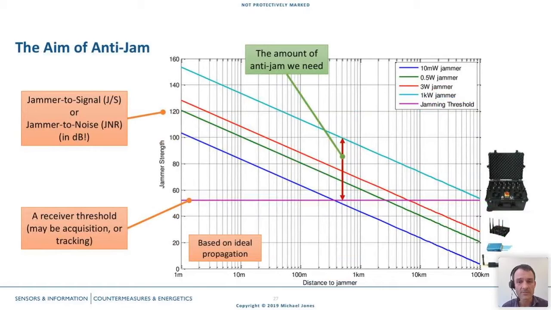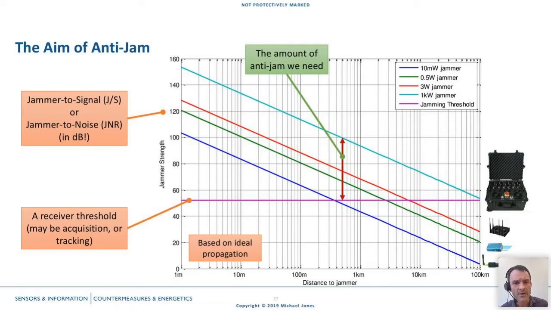We've got a bit of a busy diagram to start with. This is a little illustrative chart. The x-axis along the bottom is the distance between your receiver and a jammer on a log scale, going from 1 meter to 100 kilometers. The vertical y-axis, for the moment, we'll just call the jammer strength.